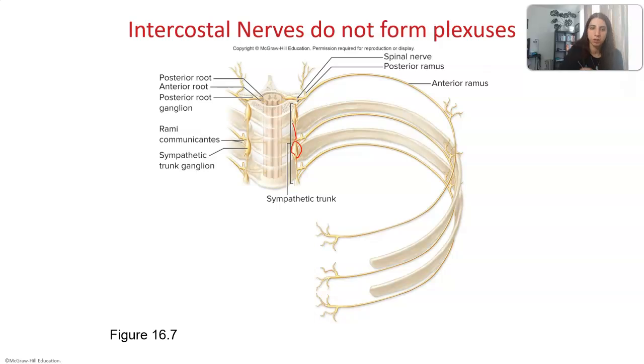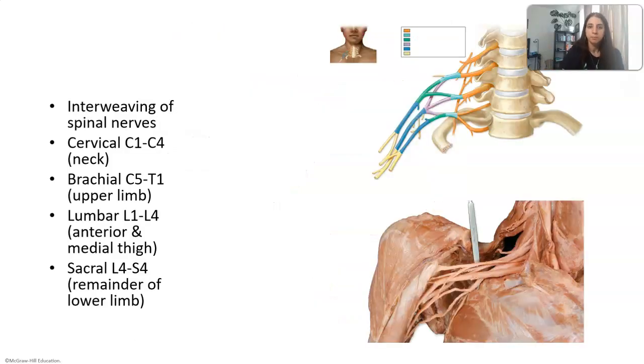So back to my original point: the intercostal nerves that emerge from the thoracic region of the spinal cord go directly and innervate the intercostal muscles, the breathing muscles, the internal and external intercostals.